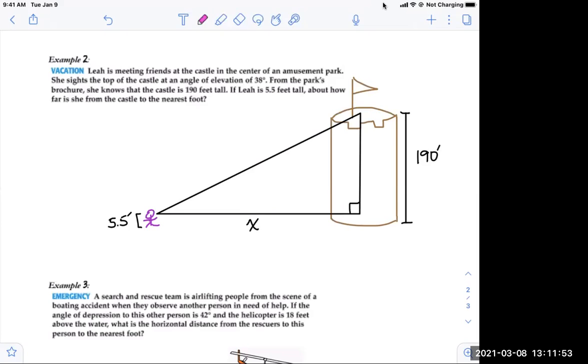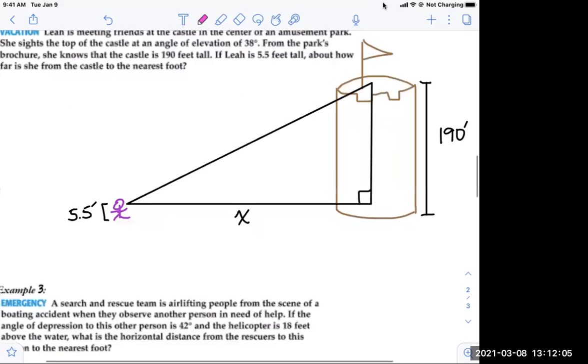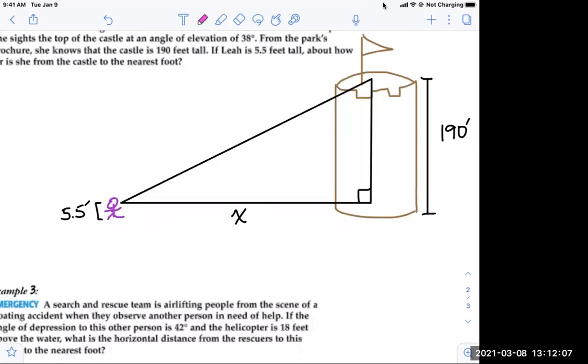So sometimes when we do these problems, we will take the angle of elevation off of the ground. Even though we know that a person's line of sight would come from their eyes, sometimes we ignore their height and just go from the ground. But on this problem, we're coming off of her eyes. So how does that affect this side of the triangle?